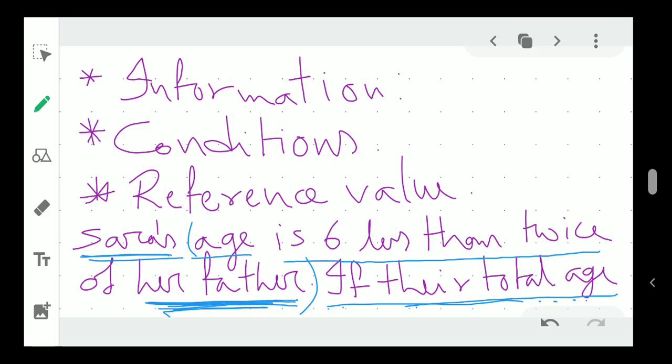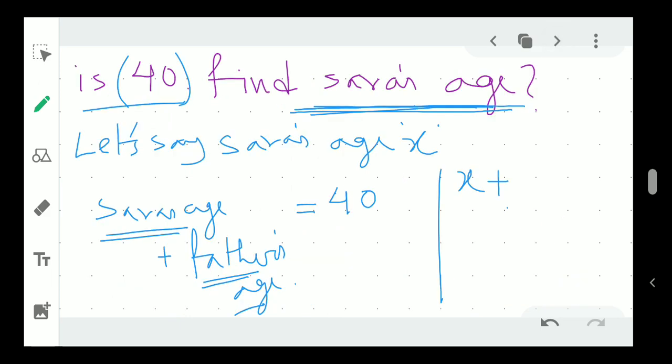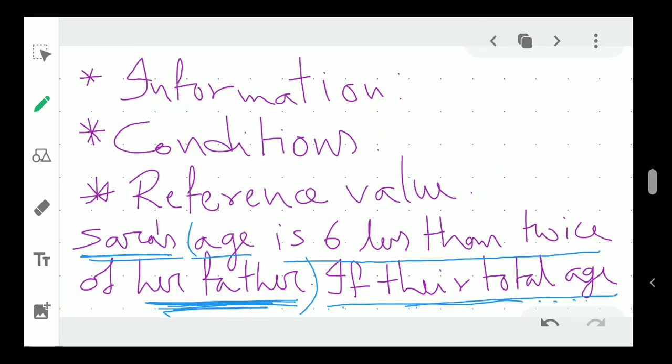But with this condition, finding father's age from Sarah's age will be very difficult, right? So in this case, you have to take father's age as X. You can still do it with Sarah's age, but it will be very complicated.